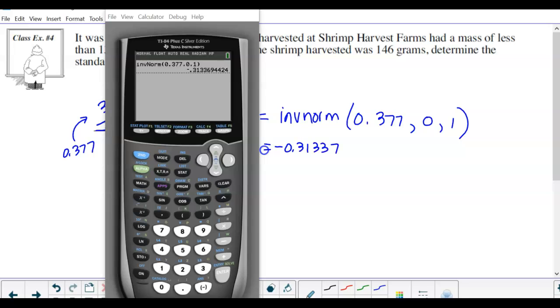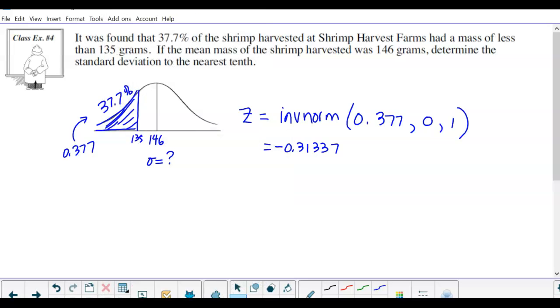Keep a few decimal places and keep it in your calculator. That corresponds to 135.